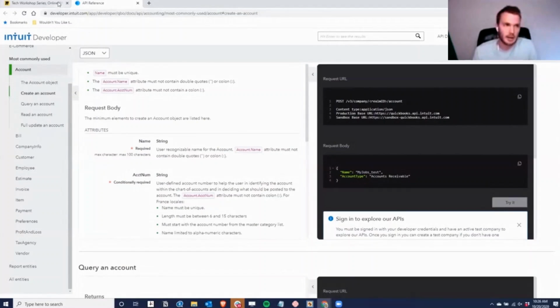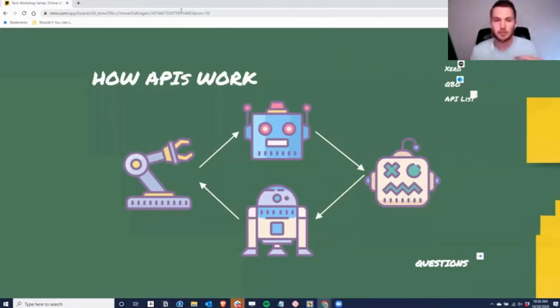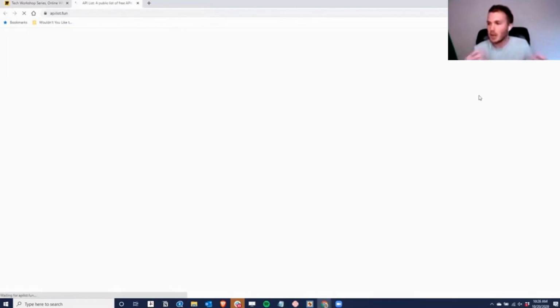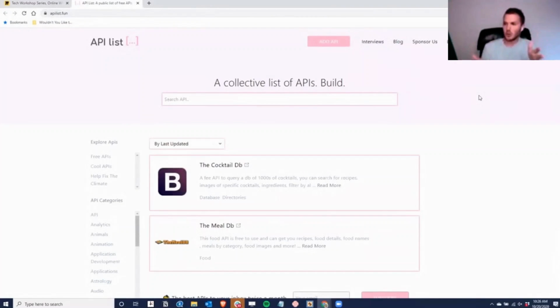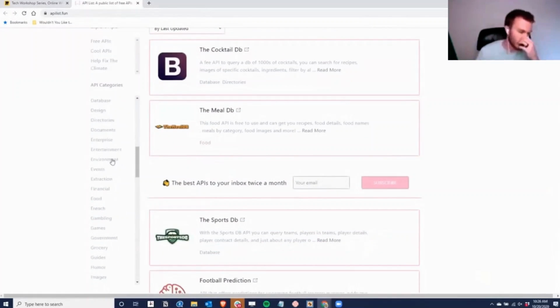Taking a step back from there, we're headed towards what people are calling the API economy. We think of APIs as all of our cool tools that we like being backed by an API, but APIs are so much bigger than that. You can find these giant lists of APIs that are out there.